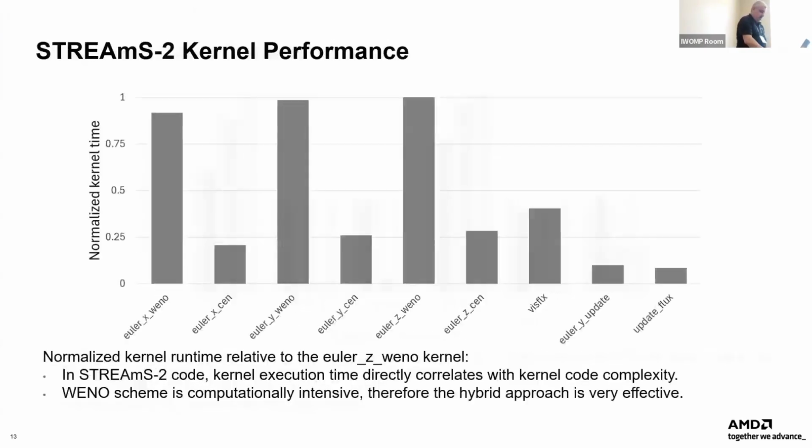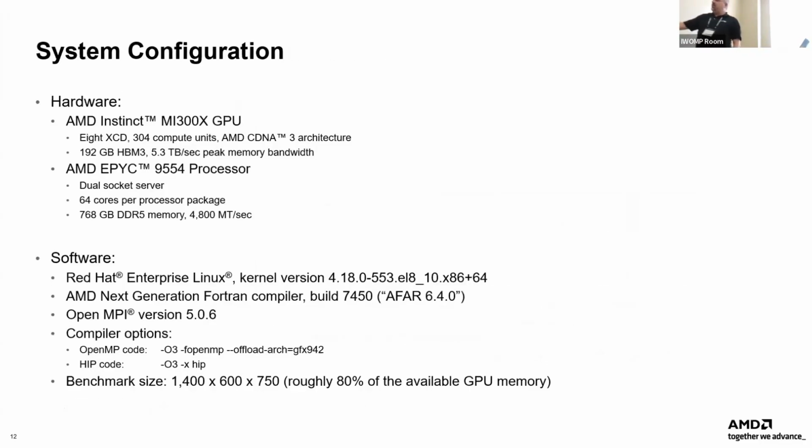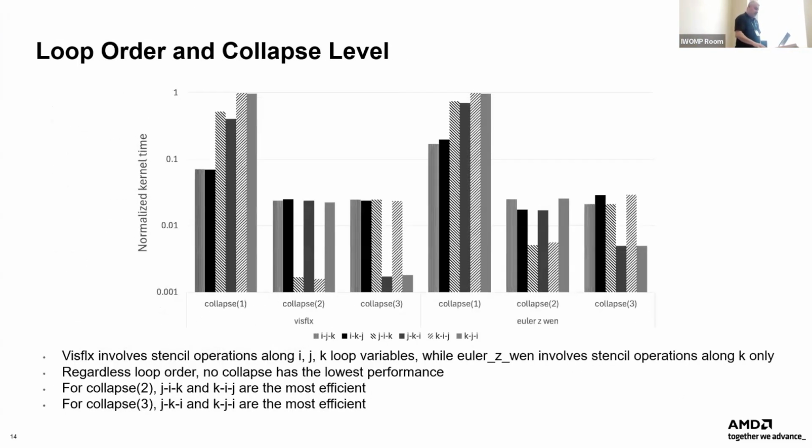And if you go back here, you see we have 4.1K, 1.4K times 600 times roughly 700. So this is the number of threads, or work, that we have to do in each dimension. And so the question is, how much do you collapse?